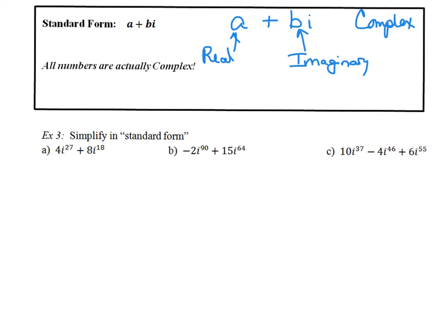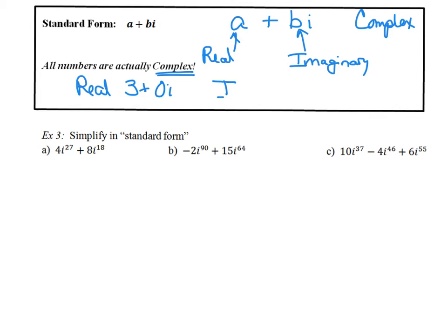So up until now, we have been dealing with all numbers that are real. What that meant was that they had an imaginary part that was just 0. Really, all numbers are actually complex. So a real number could be written as this, 3 plus 0i.